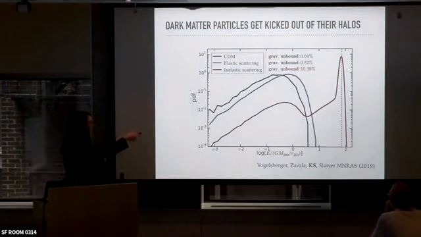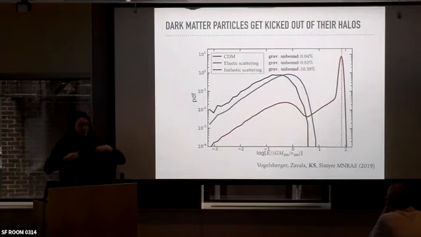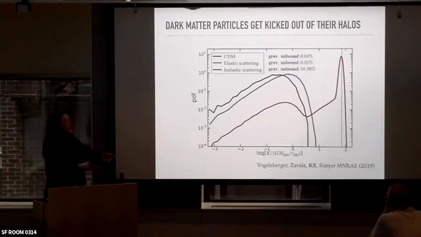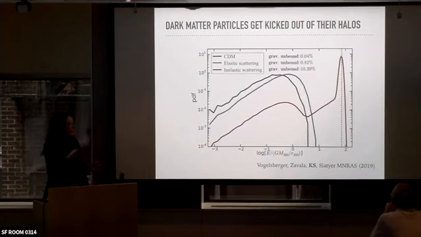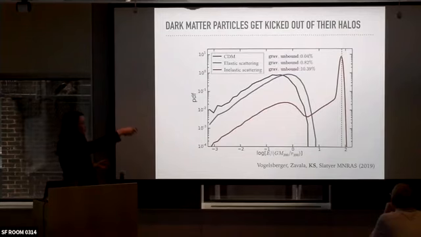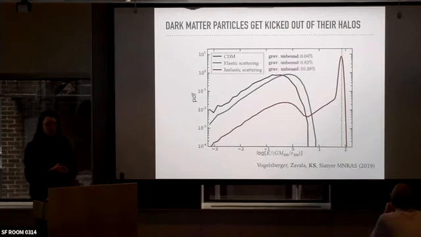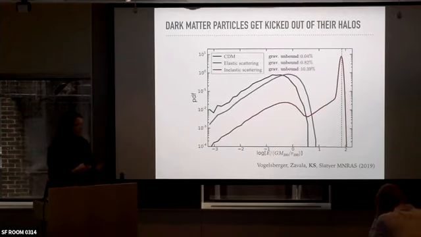But if you have inelastic scattering, you have that same peak, but then you have a huge spike over here, where these are basically particles that got kicked in the final state because there was this downscattering. And these particles basically have a lot of energy that's bigger than the binding energy of the halo that they're in. And so you end up with a substantial fraction of dark matter particles in the end of the simulation that are gravitationally not bound. And so that's kind of accounting for why things look so puffed out.